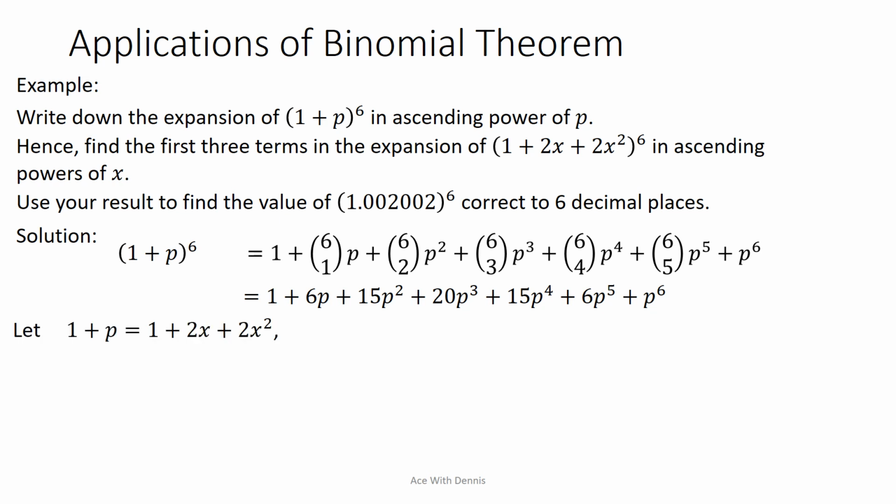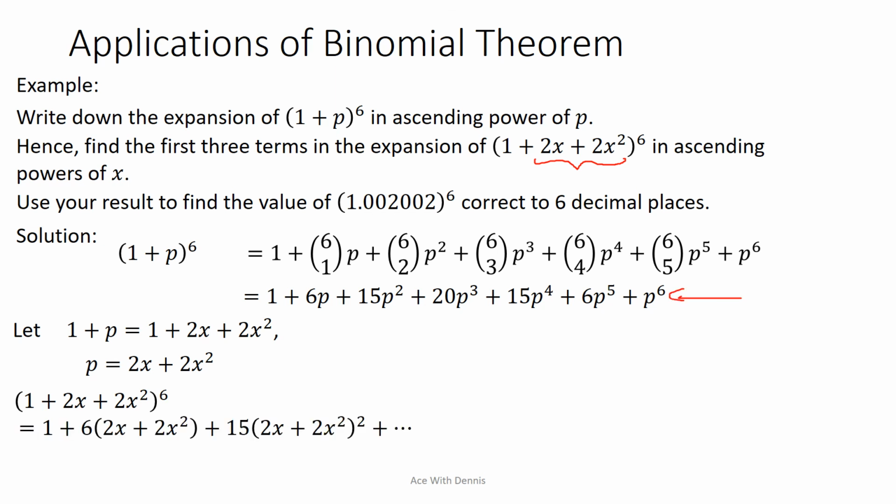Now let 1 + p equal 1 + 2x + 2x², because we look at the expansion that we want to expand. We treat 2x + 2x² as the p. So now we just substitute: whenever we see the p from this expansion, it becomes 2x + 2x².